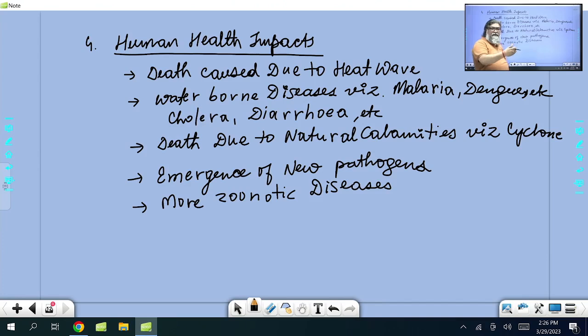Viruses also mutate. They evolve with the temperature. As the temperature becomes warmer, fungi, bacteria, virus, they will all mutate, they will all change, and they will become more dangerous, right?